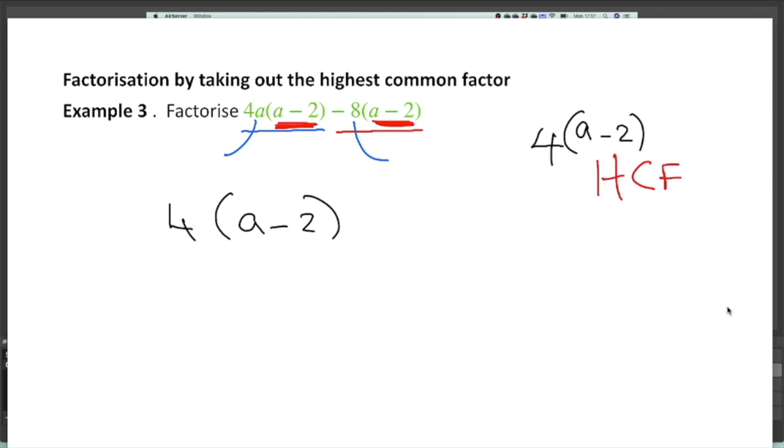I'm going to use a different form of brackets here because this looks like a big expression. So we need now to go back and take 4a brackets a minus 2 and divide that thing by the highest common factor. The highest common factor is 4a minus 2.